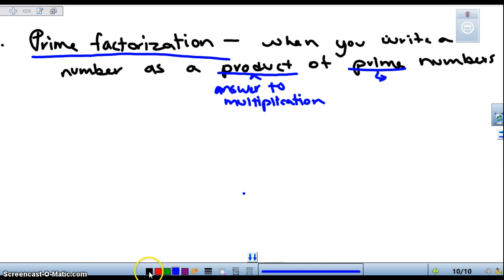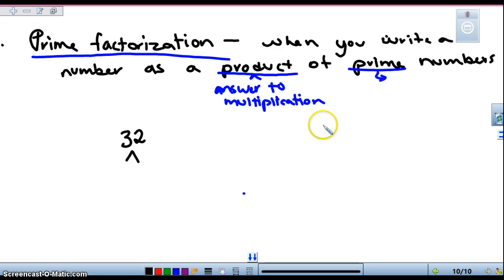So if we have to find the prime factorization of 32, I'm going to start thinking out loud. Okay, I want prime factorization. That means I want all prime numbers that when I multiply them, they equal 32. So in order to get to that, I'm thinking, what prime number times something else equals 32?